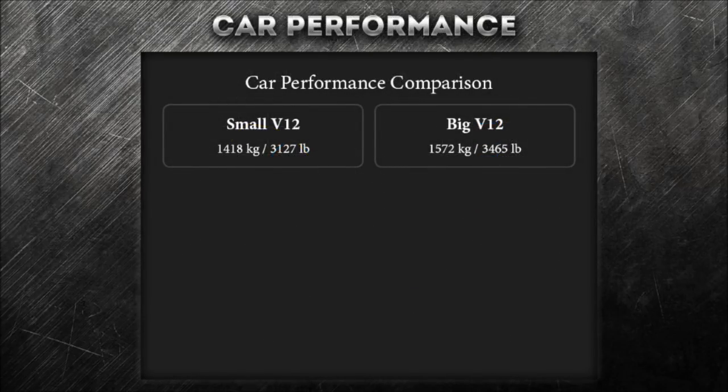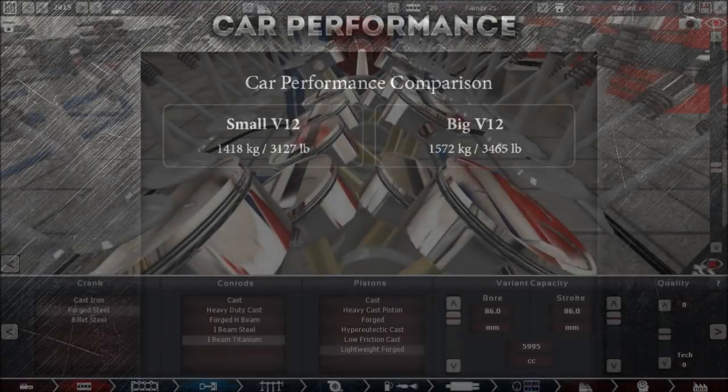Using Automation to give us an estimate for that difference, the car with the small V12 would weigh 1,418 kilos or 3,127 pounds, while the car with the big V12 would weigh 1,572 kilos or 3,465 pounds. That is a difference of 154 kilos or 339 pounds, even though both engines are all alloy.